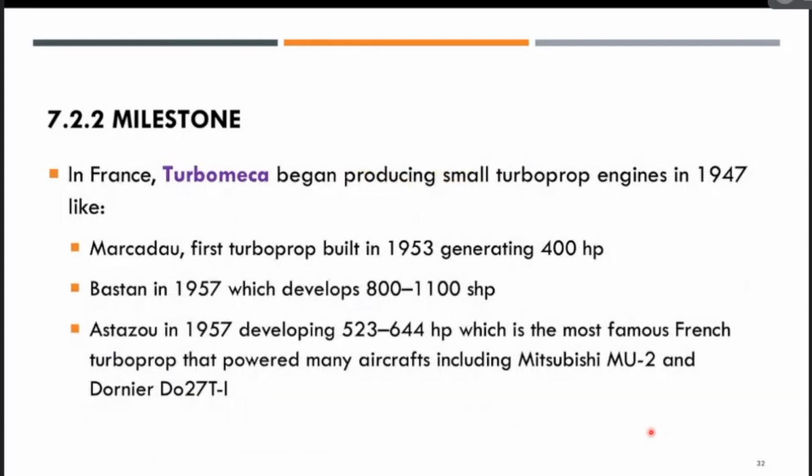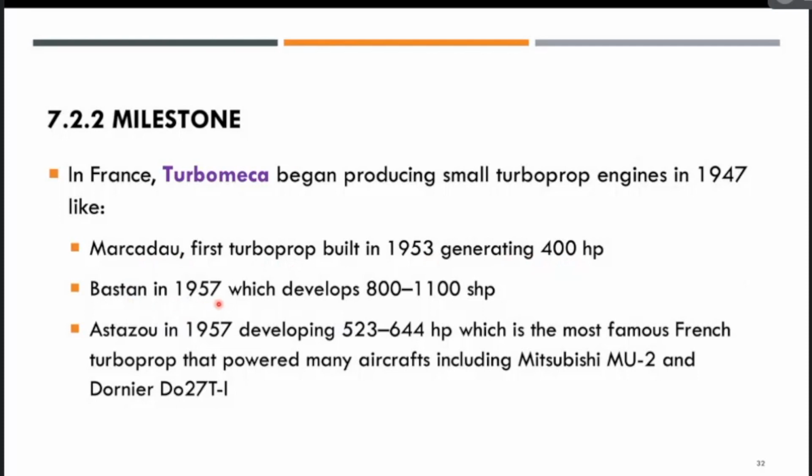In France, there is another company called Turbomeca, which began producing small turboprop engines in 1947. They have the Marcadau engine, the first turboprop they built, in 1953, generating 400 horsepower.